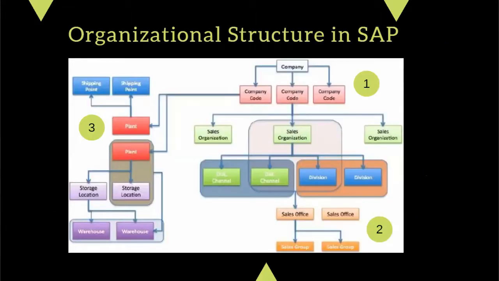I have given an organizational structure in SAP in this slide, which would tell you three points. One denotes financial accounting, two denotes sales and distribution, three denotes materials management. As I told you in the previous slides, one client can have more than one company code assigned to it.